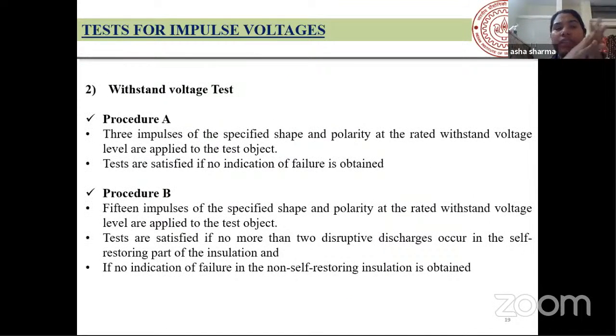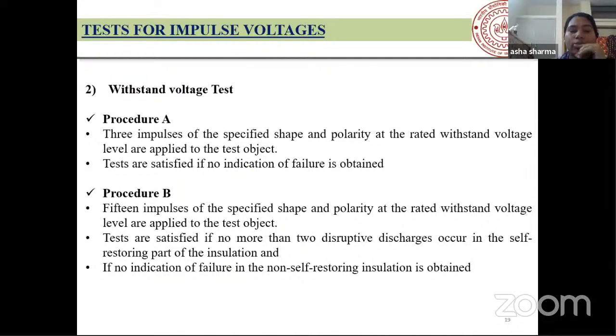For the withstand voltage for impulse voltage, there are several procedures according to the IEEE standards. Like if we apply impulses of the specified shape and polarity at the rated withstand voltage level to the test object, and there is no indication of failure, it has satisfied the withstand voltage.